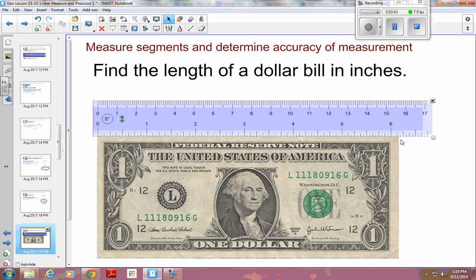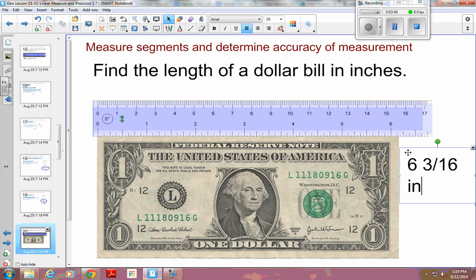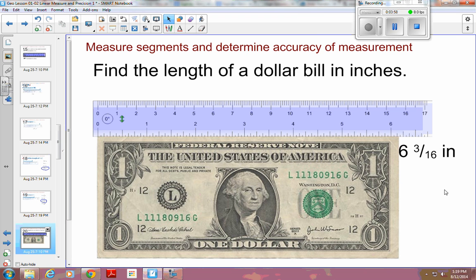So it looks like 6. And I'm going to call it 3/16 of an inch. And then let me make that look nicer. So 6 3/16 inch with my precision on the dollar bill.